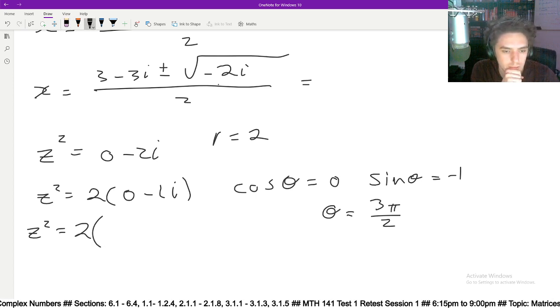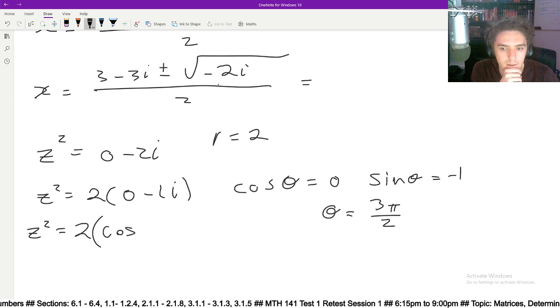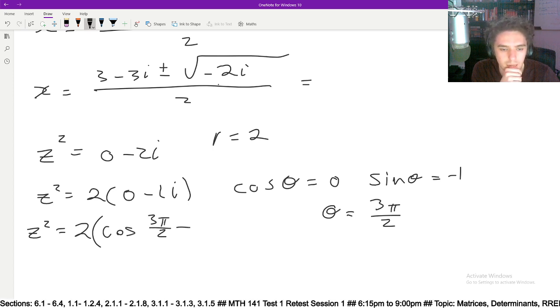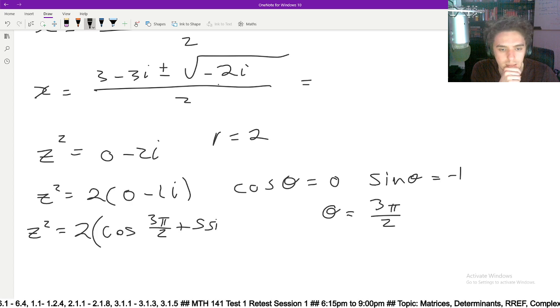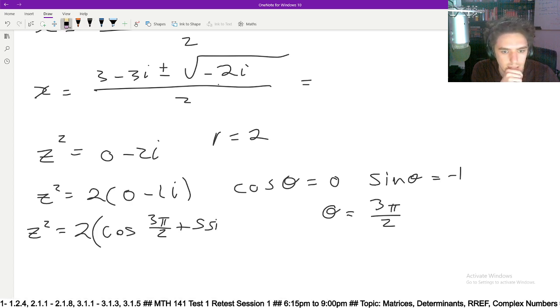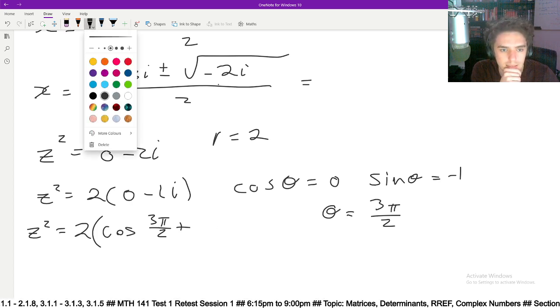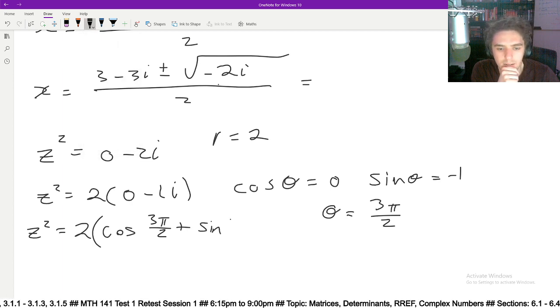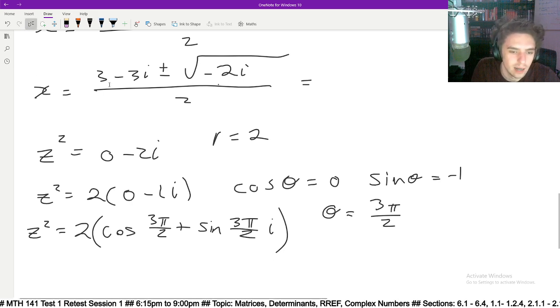So this is going to be cosine of 3 pi over 2 plus sine of 3 pi over 2 times i. Too many signs, didn't I?